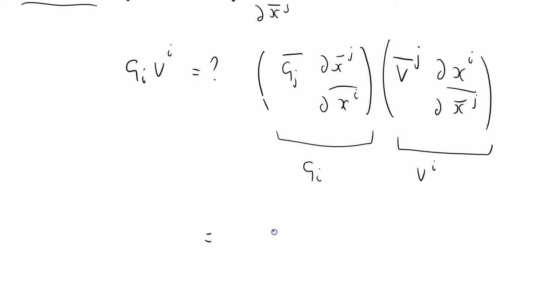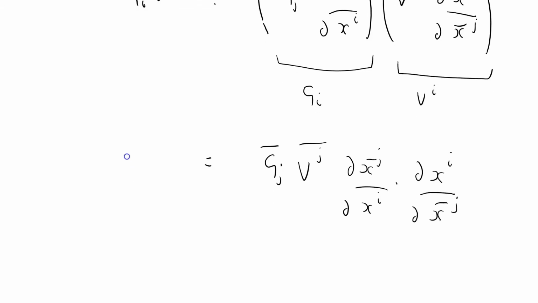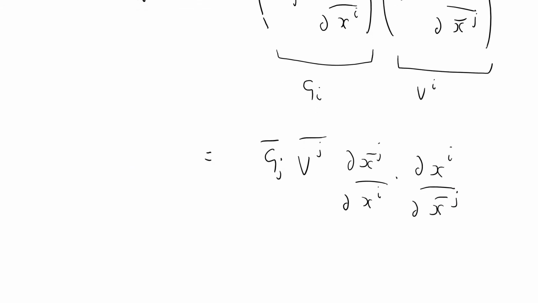Equals g bar j, v bar j, ∂x bar j by ∂x i from here, times this coordinate thing here, ∂x i over ∂x bar j. Right. Now, let's just have a think about what this beast is here.